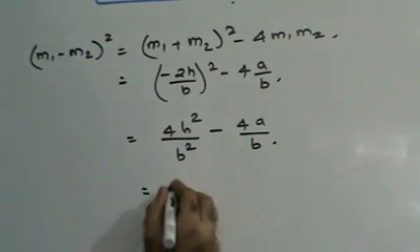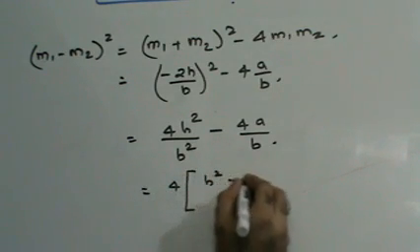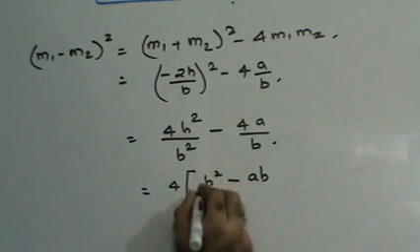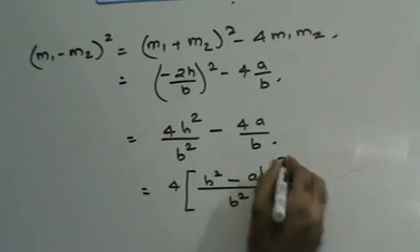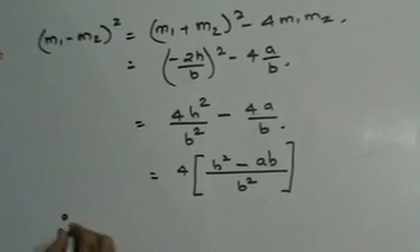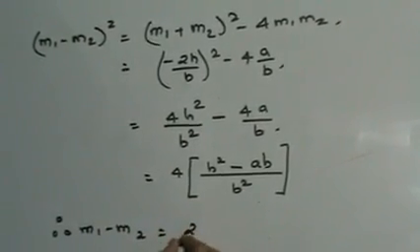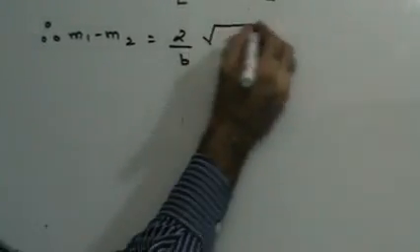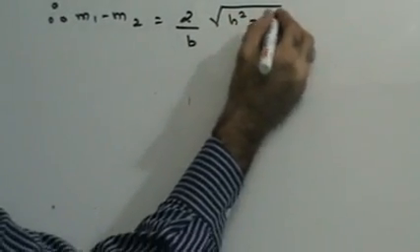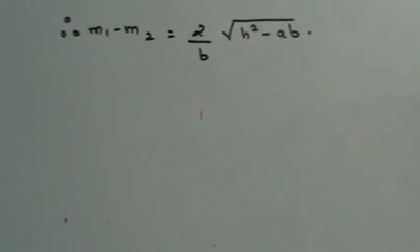I can therefore take 4 common, in which case you will get h square minus ab upon b square. I am taking b square as the common denominator. If I take square root, I will get m1 minus m2 is equal to 2 upon b root of h square minus ab. Square root of 4 is 2, square root of b square is b.